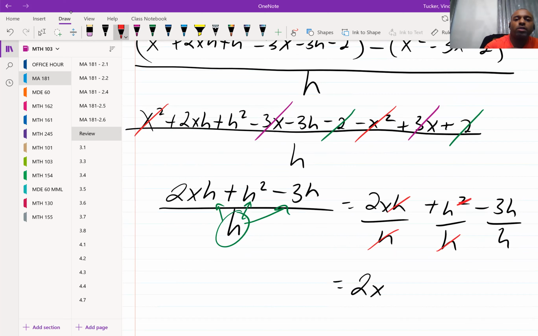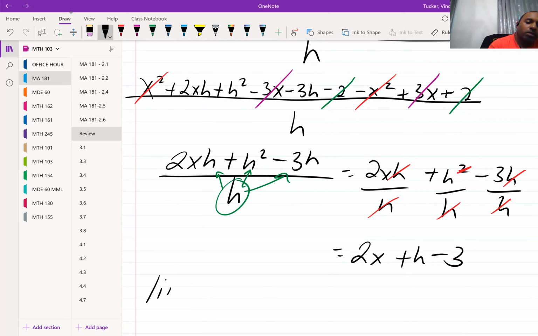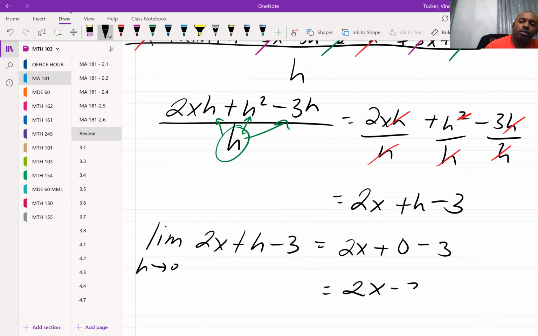This is going to cancel one of our h's, so that would be 2x plus h minus 3. Now we can go ahead and apply the limit. We take the limit as h goes to 0. That means 2x plus 0 minus 3, which is 2x minus 3.